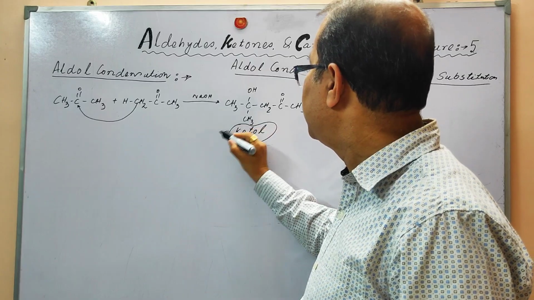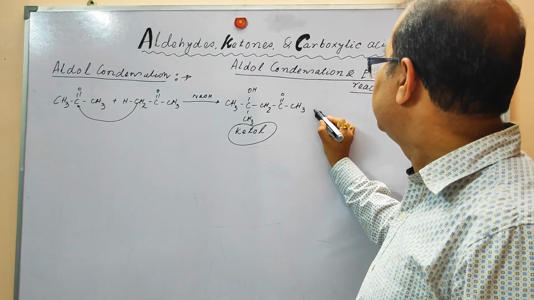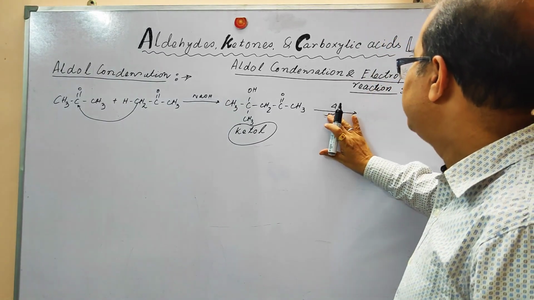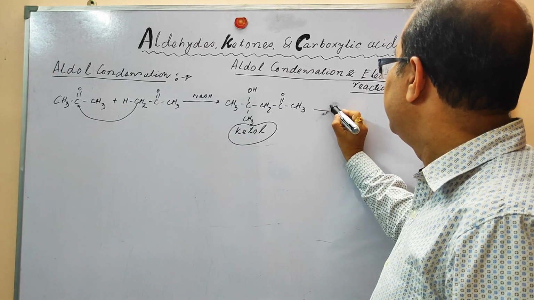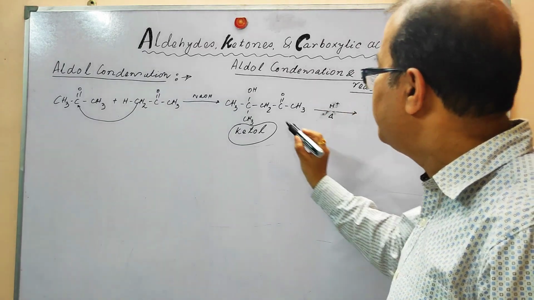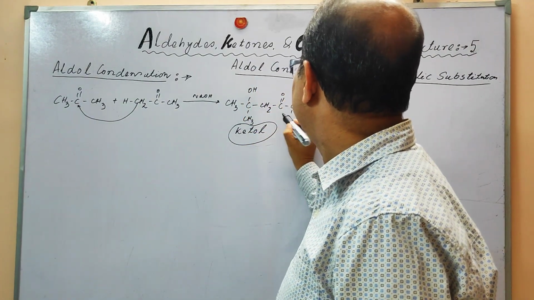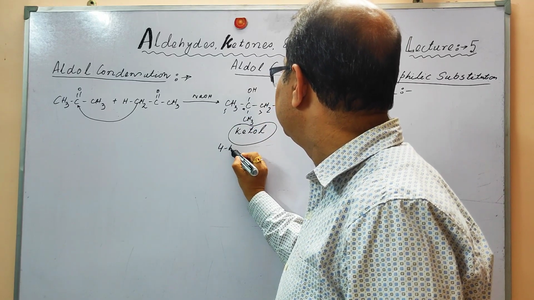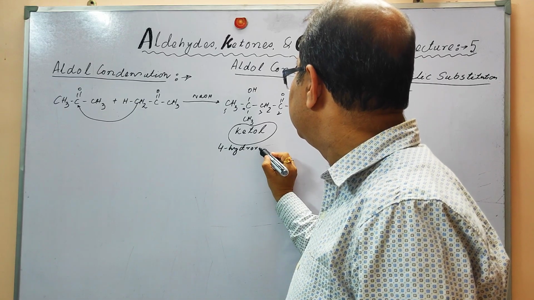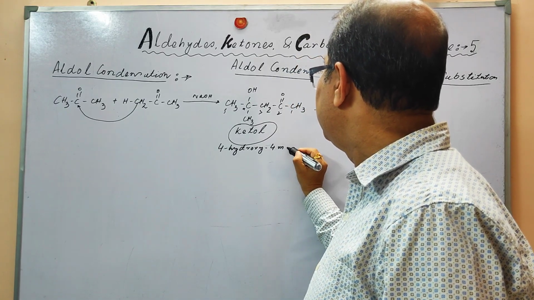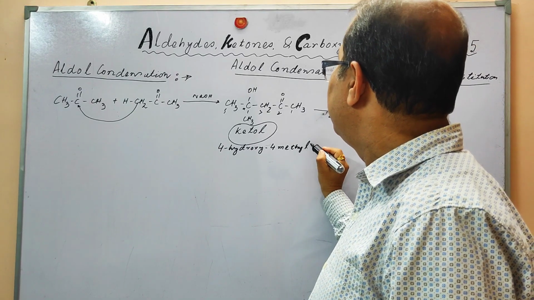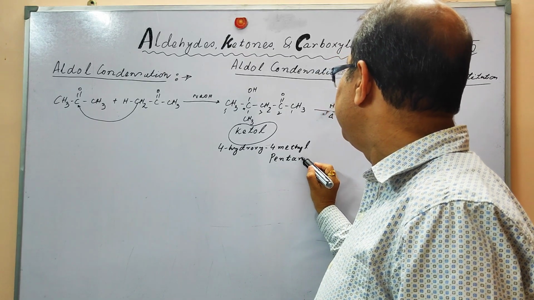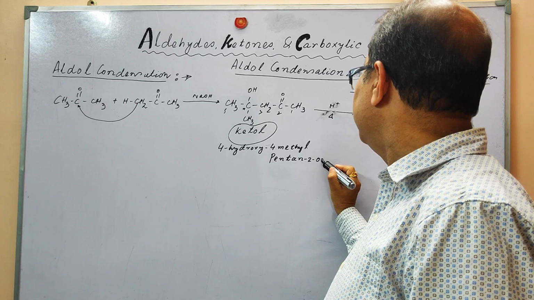Ketone, as like aldol. And when we are heating it, with the presence of H plus ion, it will go acid. The name of this compound, we can write, numbering 1, 2, 3, 4, 5, is 4-hydroxy, 4-methyl pentan-2-one.